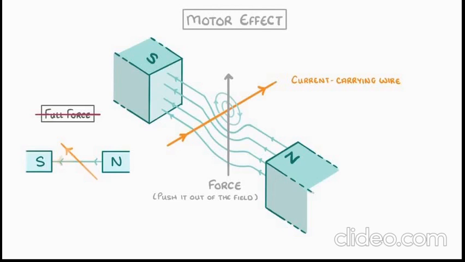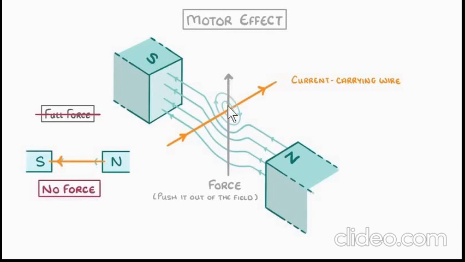And if we rotate this wire more, such that the two become parallel to each other, or at 0 degrees, you can see over here that the direction of current and the direction of magnetic field from north to south are the same. So the angle between these two will be 0. In that situation, the force will be zero, or there will be no force at all.